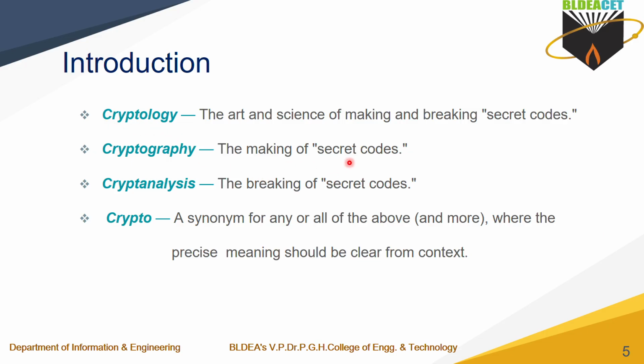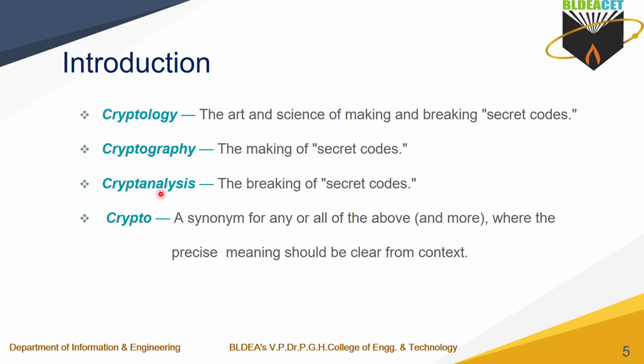And making of secret codes using art and science we call as what? Cryptography. And breaking of the secret codes. Once you generate the secret codes, before using them during transmission, you need to verify whether it is possible to break that secret code or not.